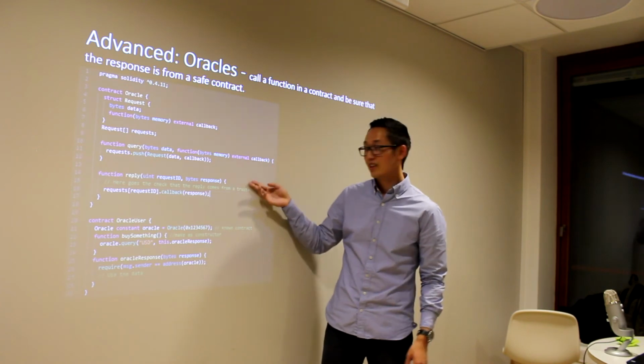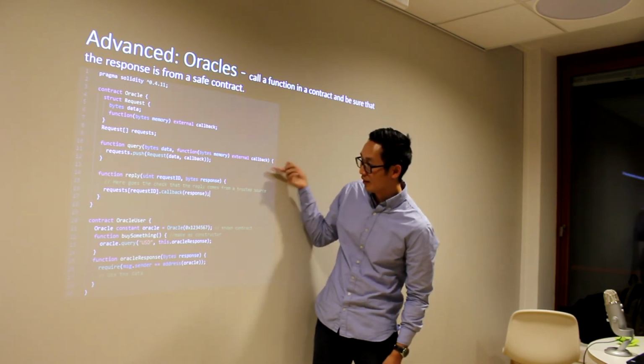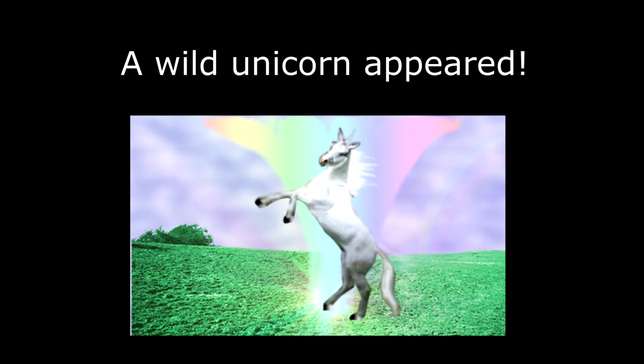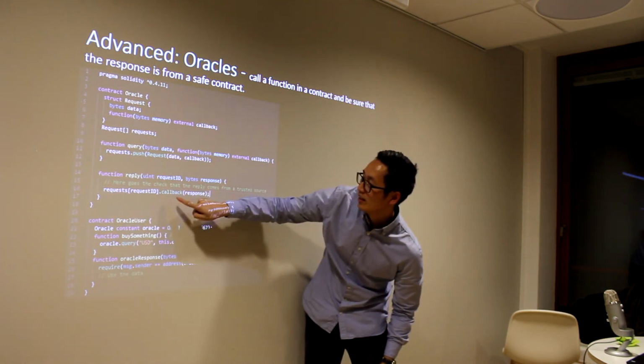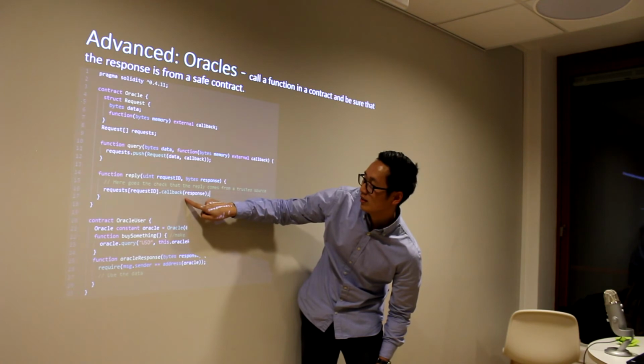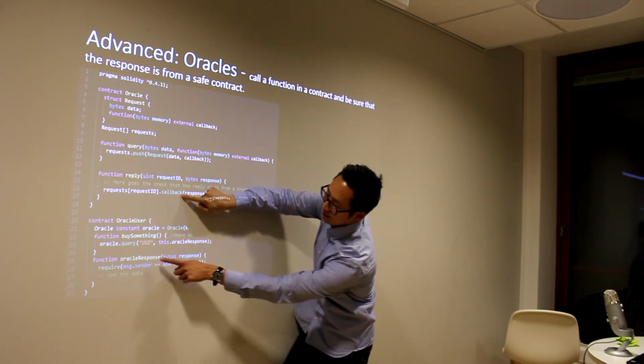So when someone in the real world calls this reply, it will fetch the request and then make the call. And when this function is called, it will actually call this function here.